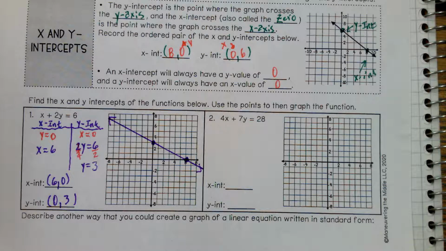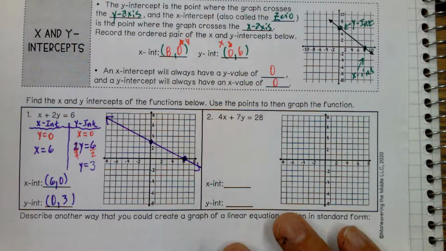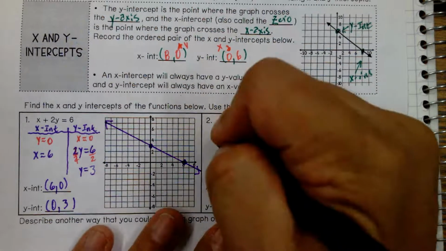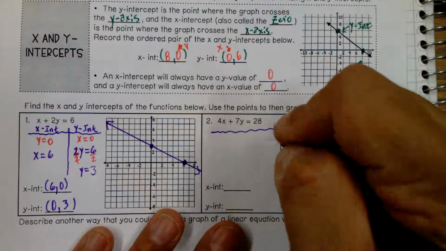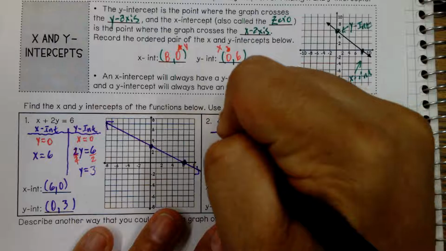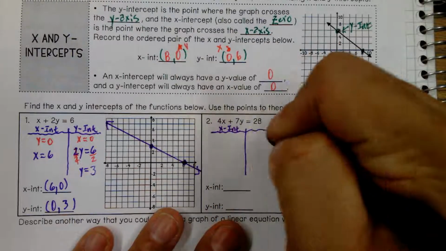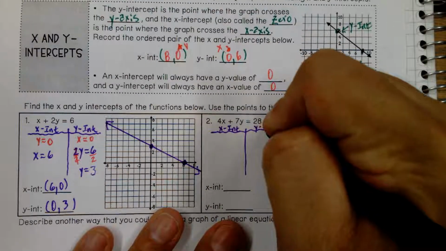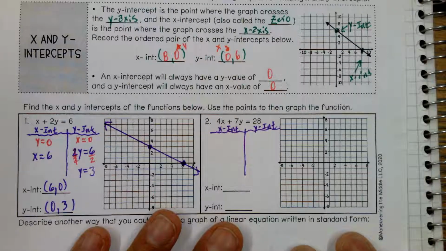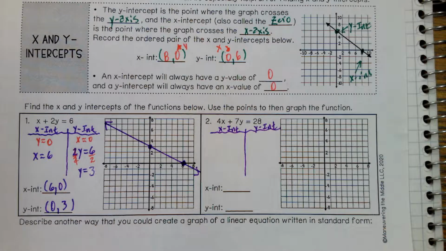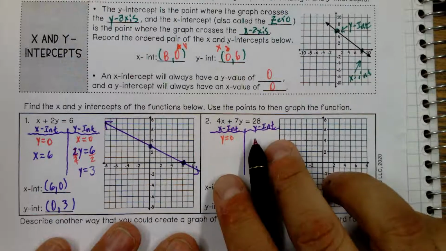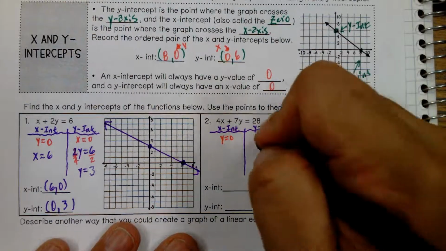Okay. So we're going to try that again for number 2. X-intercept here, y-intercept here. All right, let's do it. Use the fact that on an x-intercept, y equals 0. On the y-intercept, x equals 0.